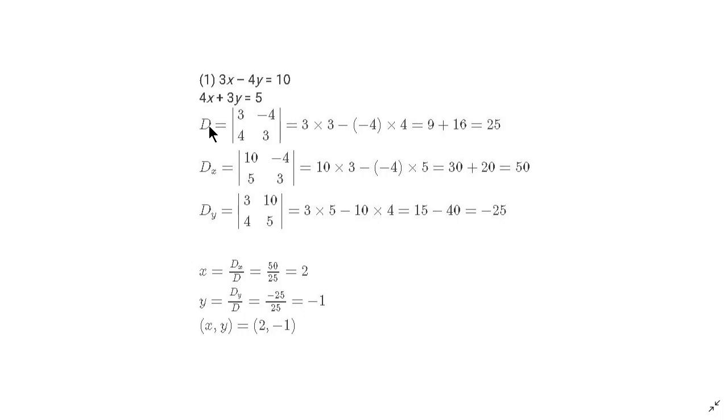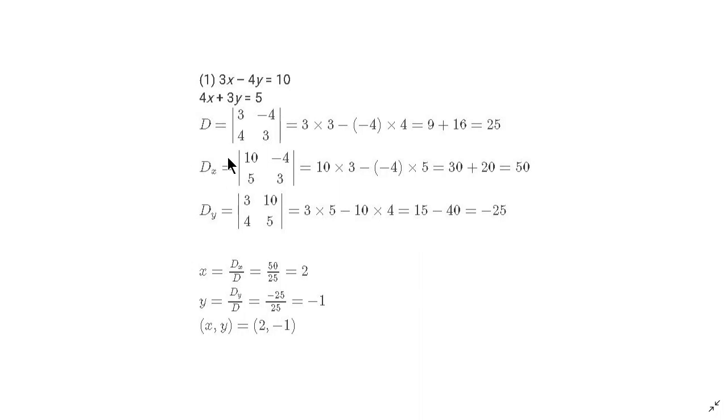For the D determinant we have to choose the coefficients of x and y in order. So the coefficients of x and y are 3 and minus 4, 4 and 3. These are the coefficients of x and y which are taken in the D determinant.